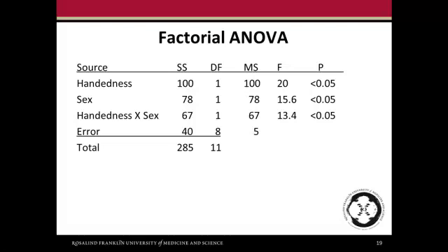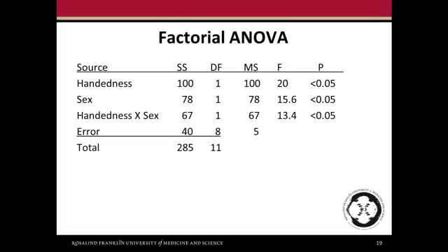For sex, it's going to be 78 divided by 5, which is 15.6. Our interaction is 67 divided by 5, which is 13.4. So when we're calculating our F statistic, it's whatever factor we're looking at, or the interaction, divided by the mean square error. And then we have our p-values here as well.